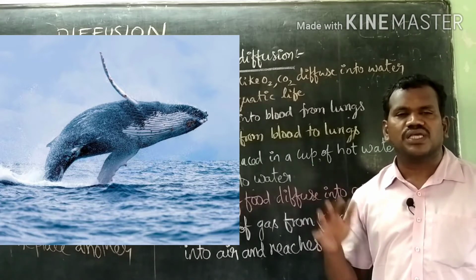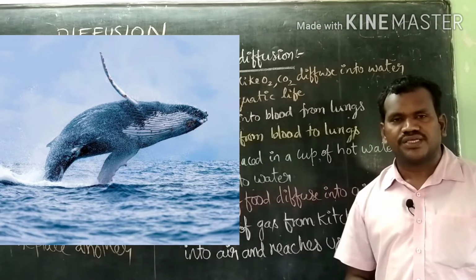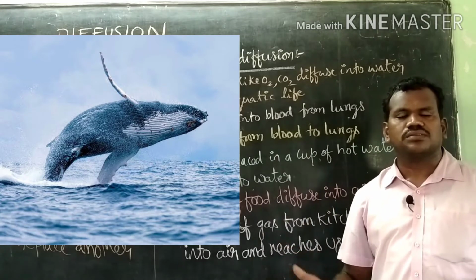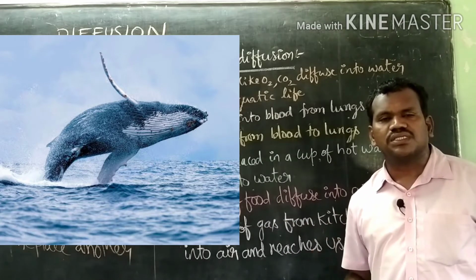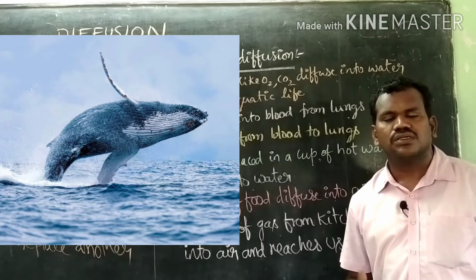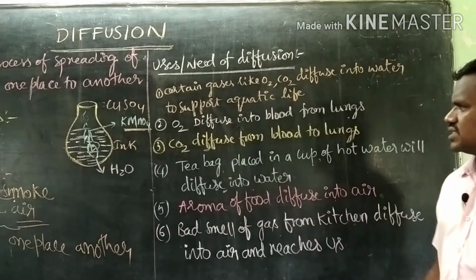For that reason, we can see the flips of the blue whale in the sea. Sometimes dolphins also jump like that. Why? Because the oxygen present in the water is not sufficient for their lungs. Next, come to the second example.